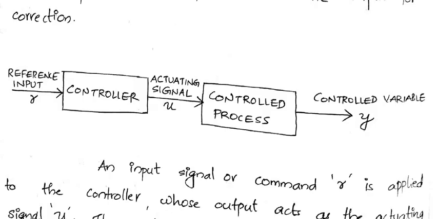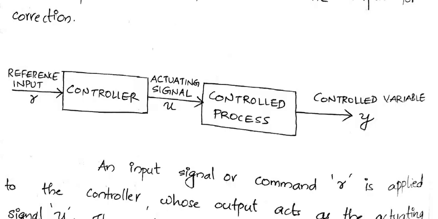For example, what we have discussed in the last video lecture, a temperature control system. You may be remembering the first diagram that we discussed regarding the temperature control system. There we were just trying to change the temperature inside the electric furnace with the help of a relay circuit.